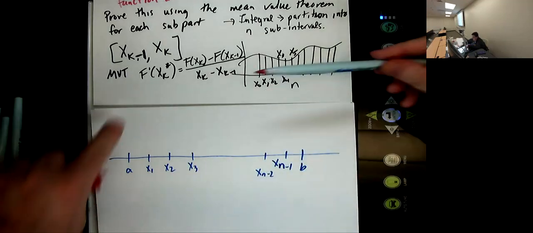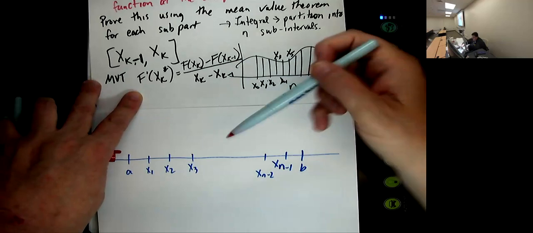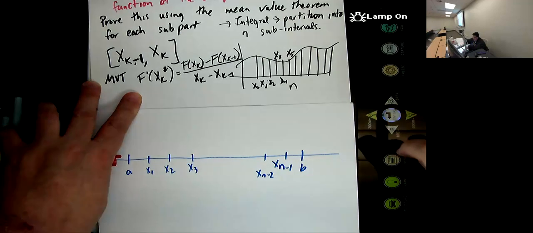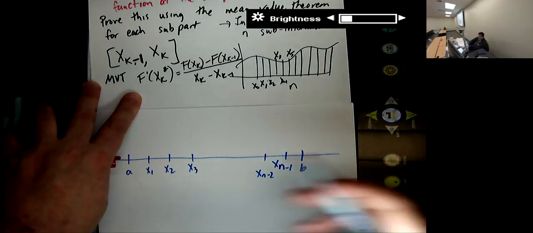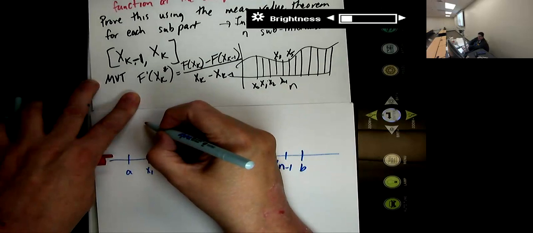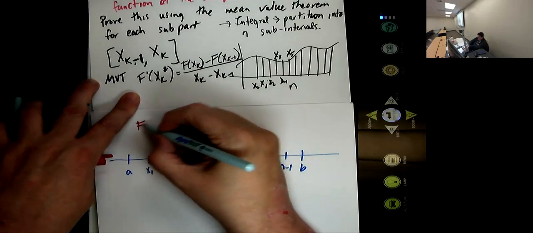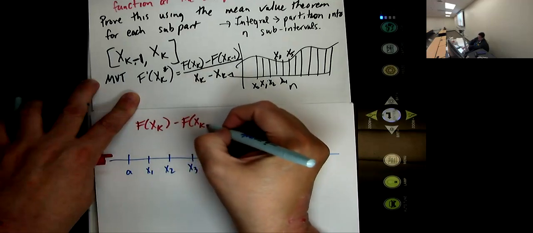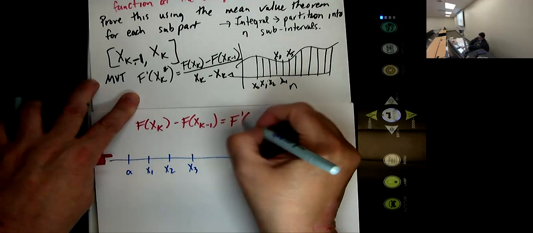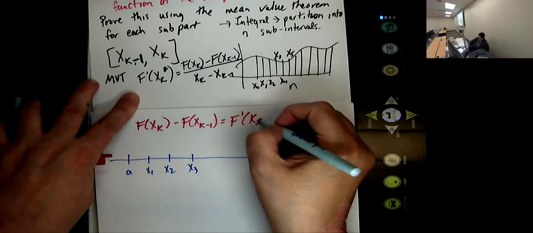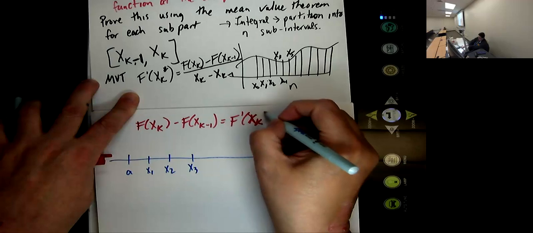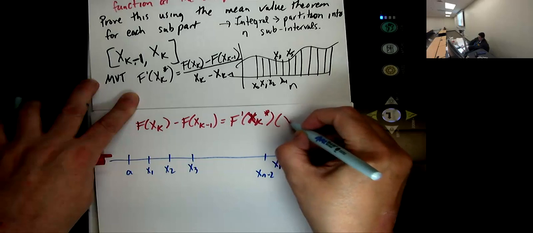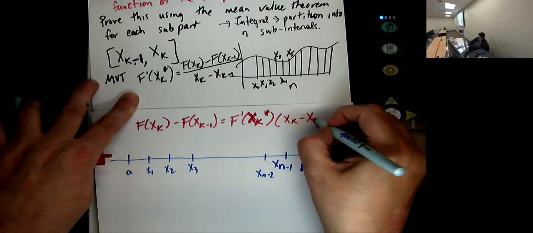So if I solve this real quick for f of x sub k minus f of x, I just lost my lamp. That is really bright. If I multiply through by x sub k minus x sub k minus 1, I have f of x sub k minus f of x sub k minus 1 equals f prime of x sub k star times x sub k minus x sub k minus 1.